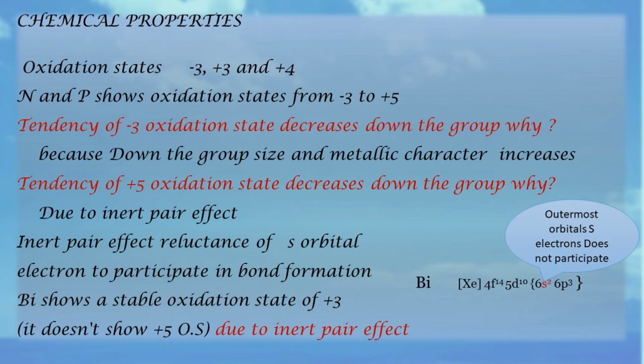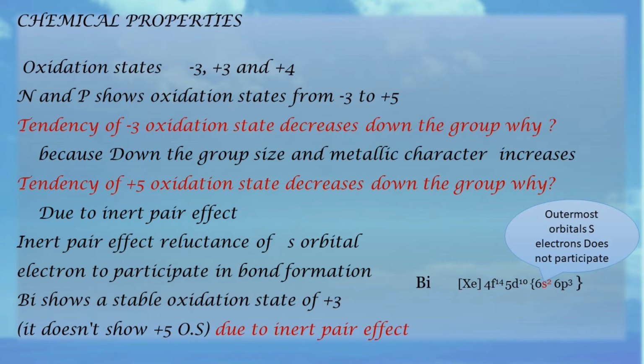Inert pair effect comes into play when you go down the group. So for example, in this group, when you reach bismuth, the outermost shell has s and p orbitals. In this, s contains 2 electrons and p contains 3 electrons.